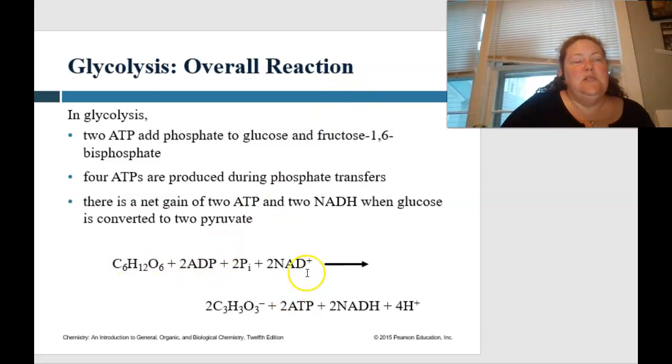So here is your overall formula: C6H12O6, this is glucose, plus 2 ADP, plus 2 inorganic phosphates, plus 2 NAD+, forms 2 pyruvates, plus 2 ATPs, 2 NADHs, and 4 hydrogens.